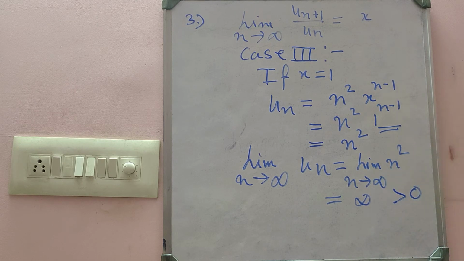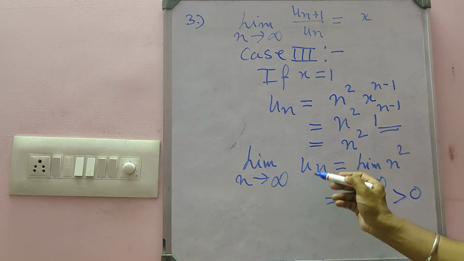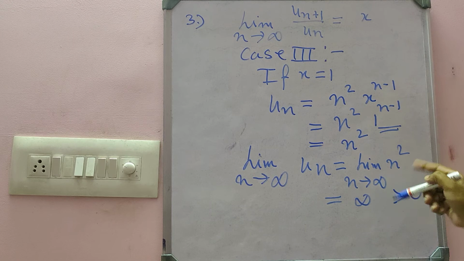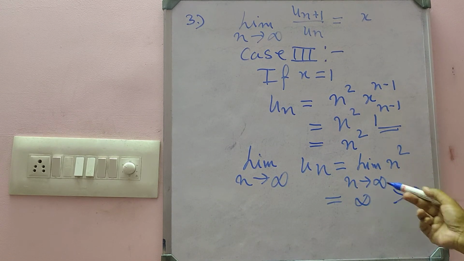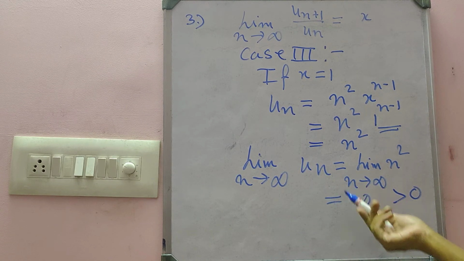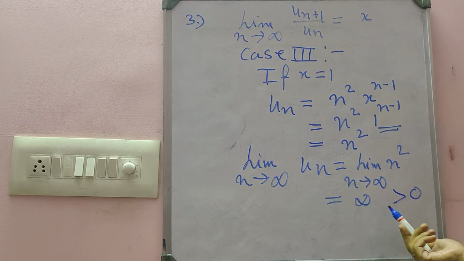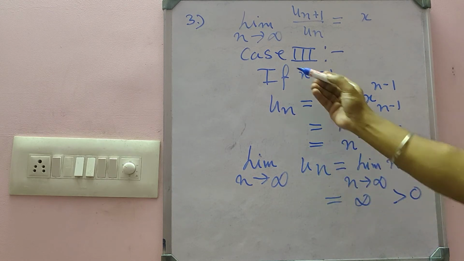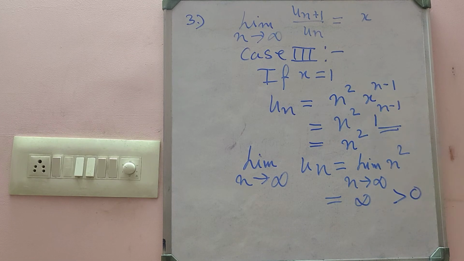So in our necessary condition, if limit n tends to infinity, un gives the value equal to 0, then the series will be convergent, and if it is greater than 0, the series will be divergent. Here we are getting infinity, which is greater than 0. So for x equal to 1, the series is divergent.